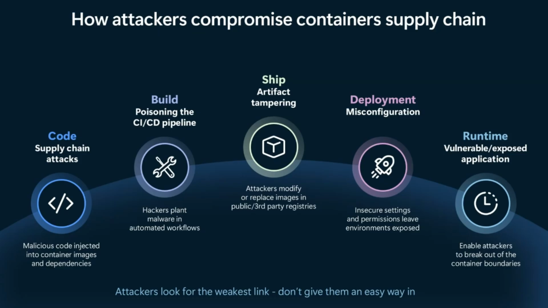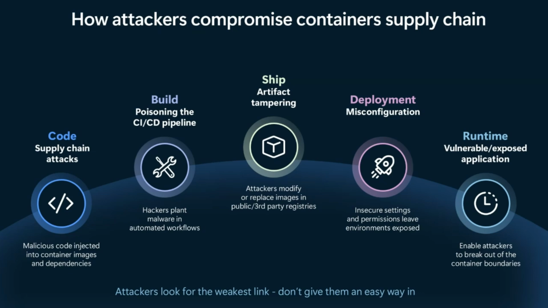During ship, where images are already submitted into the centralized container registry, attackers may tamper with images in public or even internal registries if they have access, replacing them with malicious versions or modifying metadata to bypass checks.